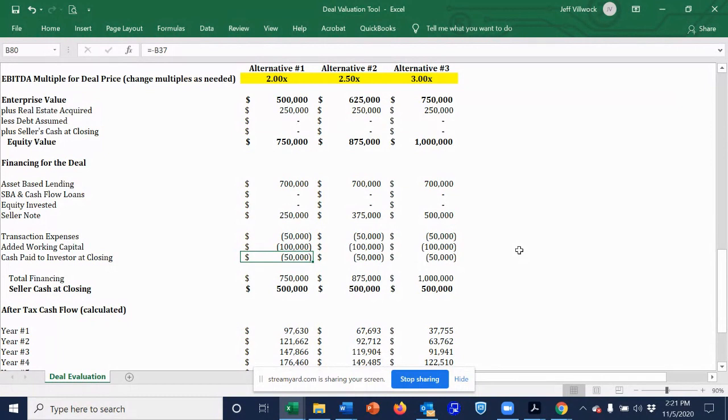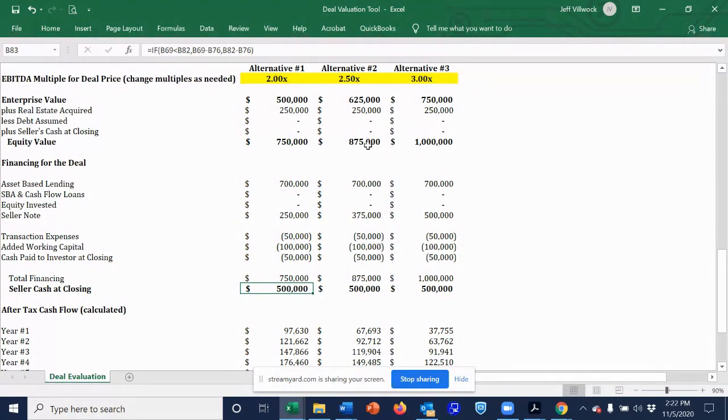I see. All right. So at the end of this, look, you've raised $750,000 after all of your expenses. You've paid $750,000 for the business, and the business owner has gotten $500,000 in cash at closing.